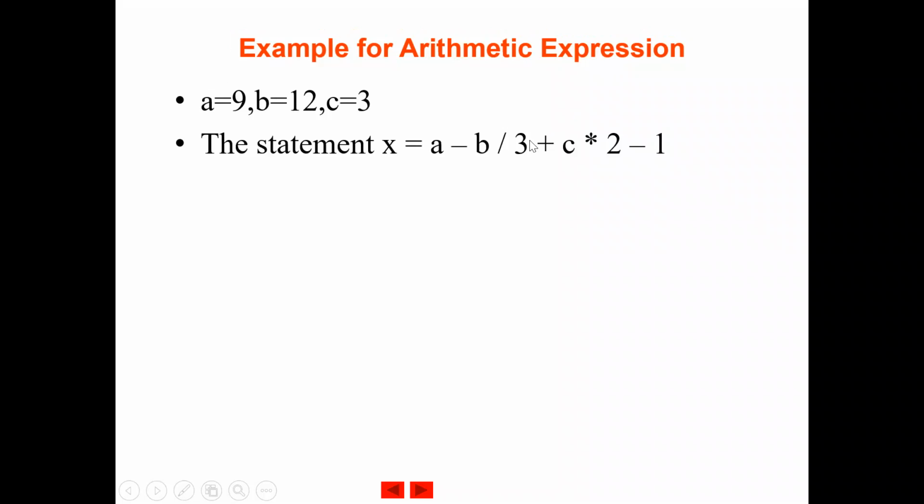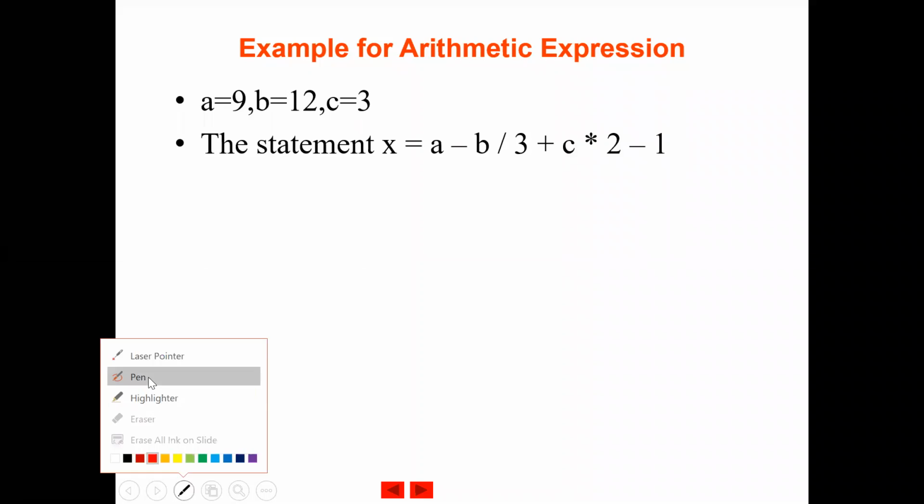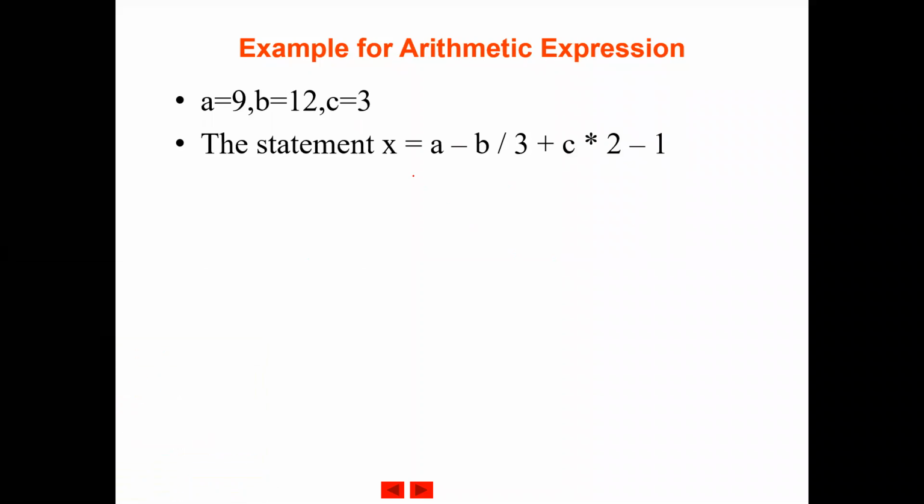An arithmetic expression consists of arithmetic operators and operands, right? So what are the operands in this equation? I feel all are able to see: x equal to a minus b by 3 plus c into 2 minus 1.